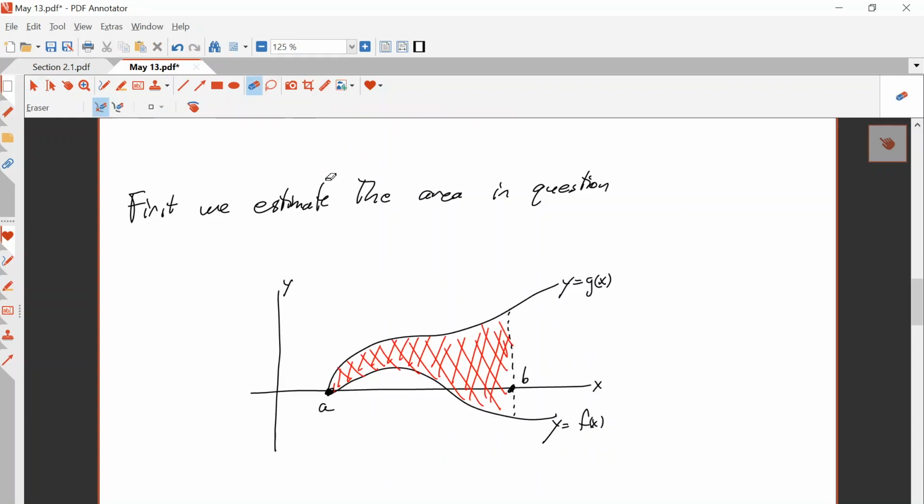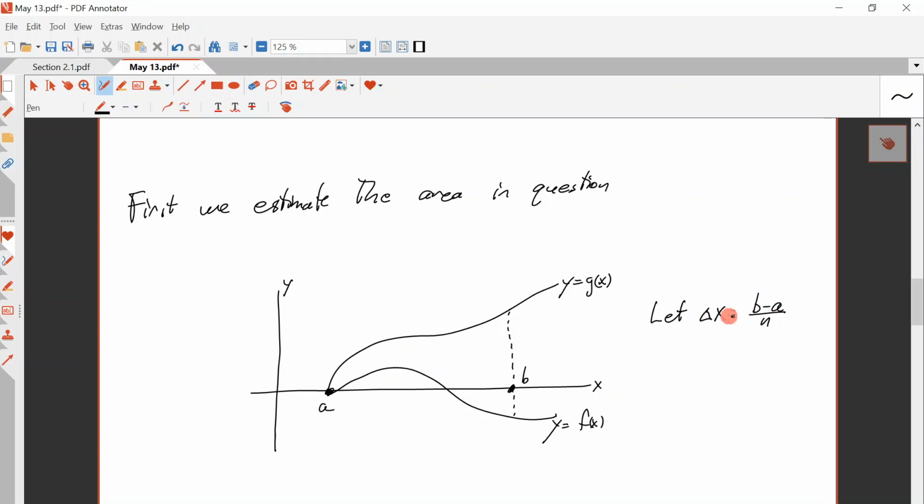Let's get rid of the cross-hatching for now. What you're going to do is take the interval from a to b and cut it up into subintervals, just like we usually did. So now let delta x equal (b minus a) over n, and x_i equals a plus i delta x.